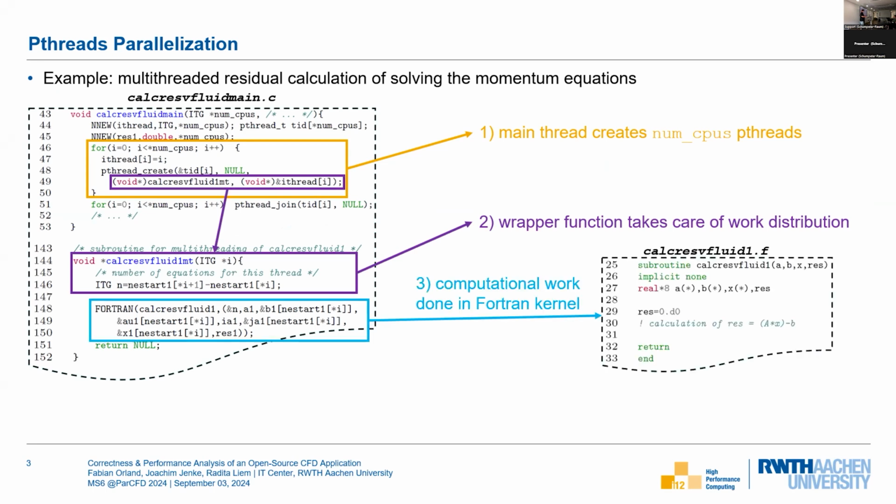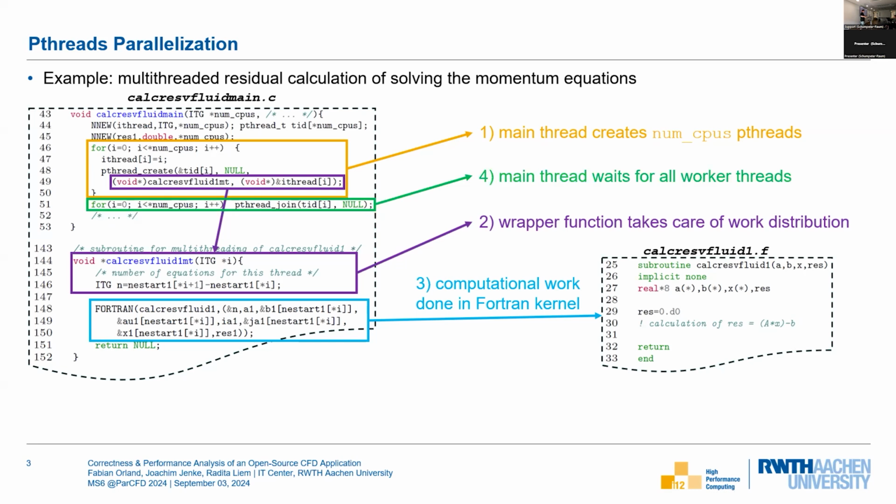Afterwards, the actual computational work, for example some linear system solve, or in this case the computation of this residual vector, or in the end the norm of this residual vector, is carried out in some Fortran kernels.